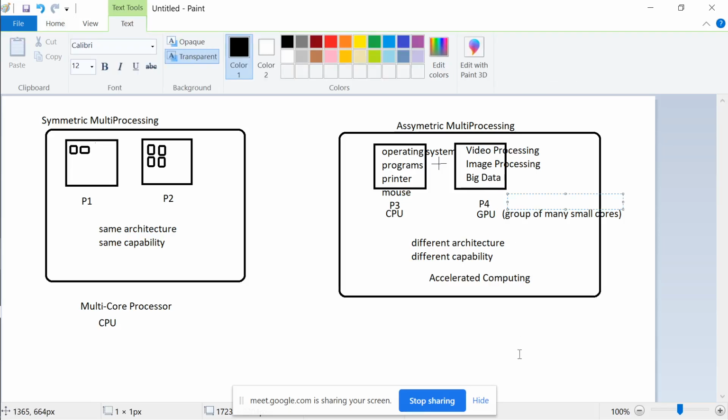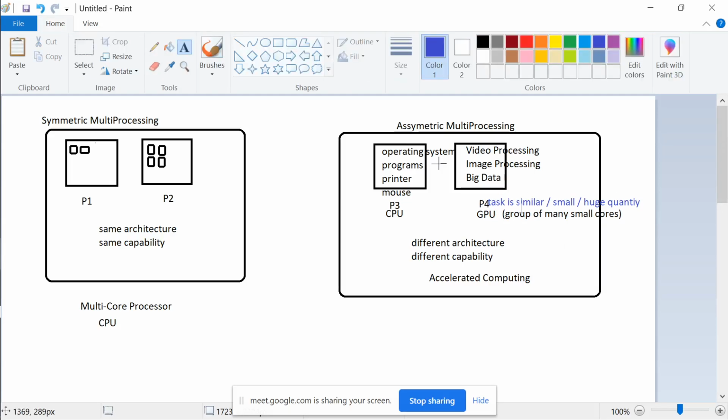So here in a GPU, the task is similar and small, but in huge quantities. In a GPU the task is small.